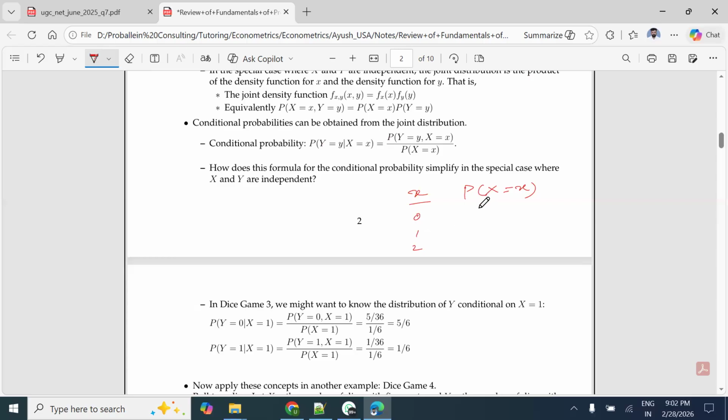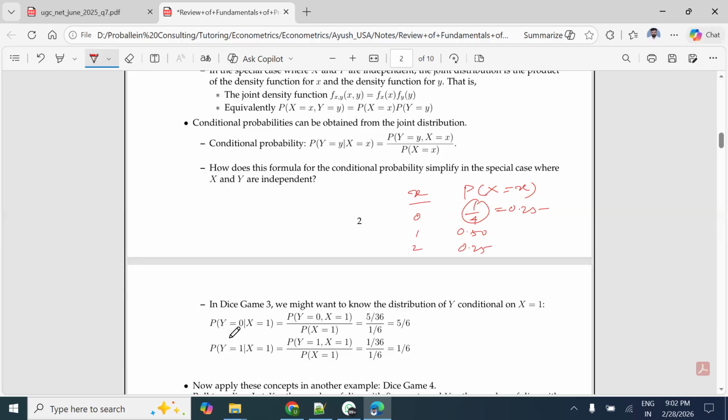For 0, the probability is 1 by 4, that is 0.25. For 1, you will write 0.50. For 2, you will write 0.25, because the number of heads will come only from HH, which is also 1 by 4. Clear?